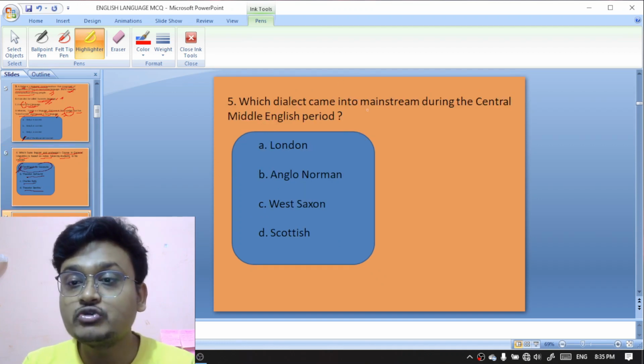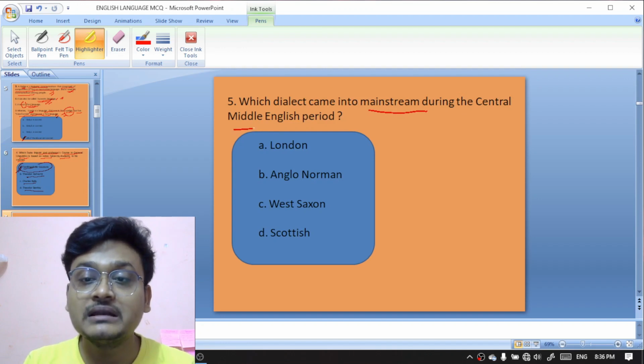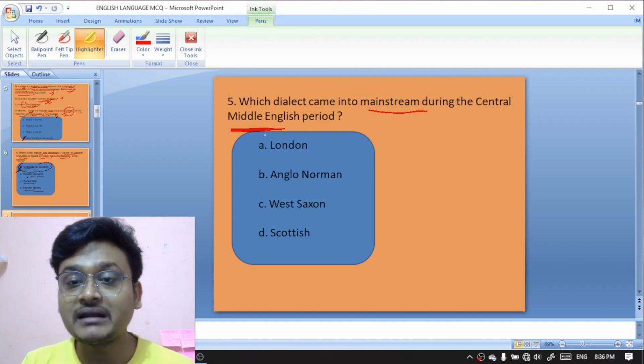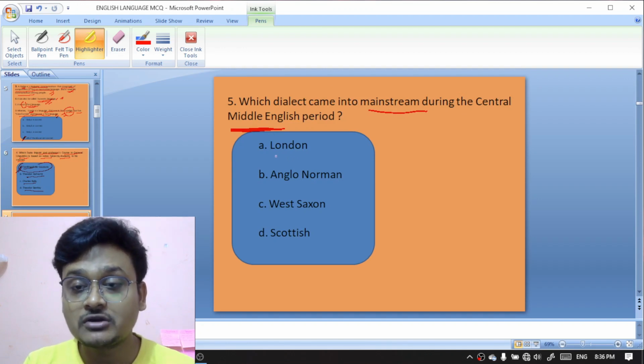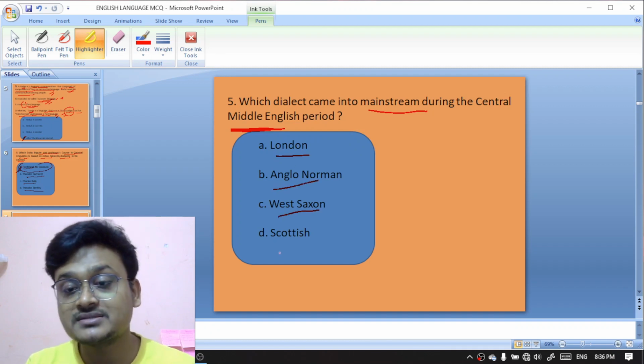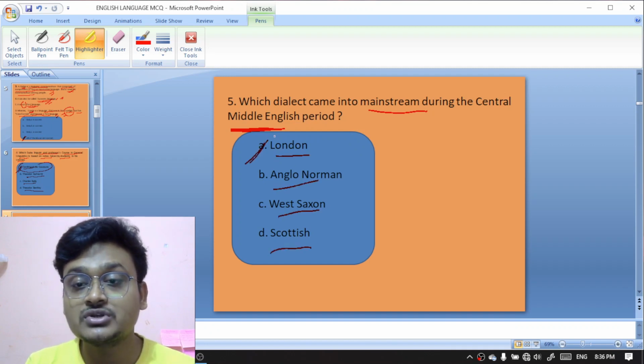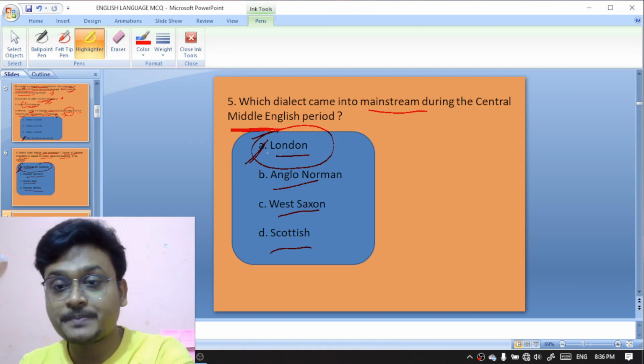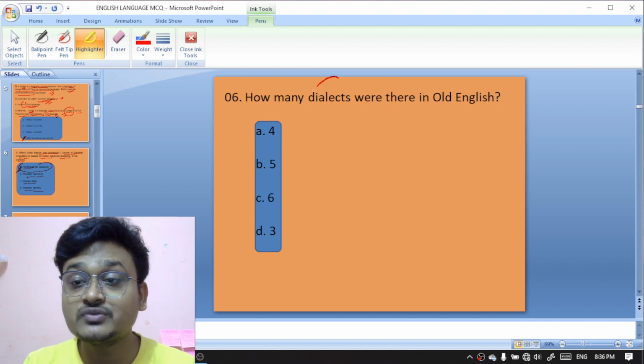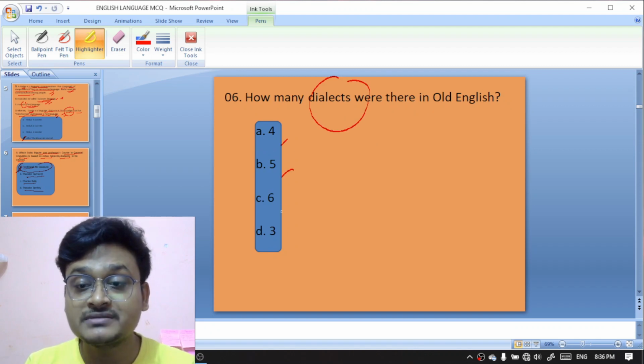Which dialect came into the mainstream during the Central Middle English period? Options: London, Anglo-Norman, West Saxon, Scottish. So it was London. The London dialect was popular during the Middle English period. How many dialects were there in Old English? Options: 4, 5, 6, 3. It was 4 dialects.